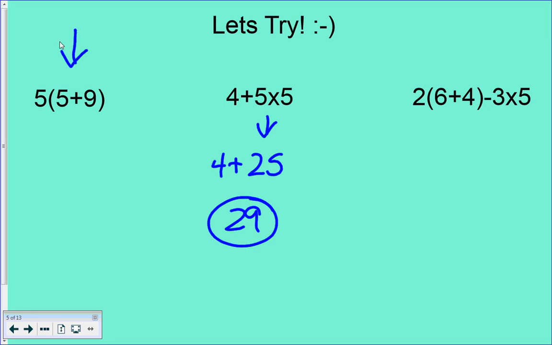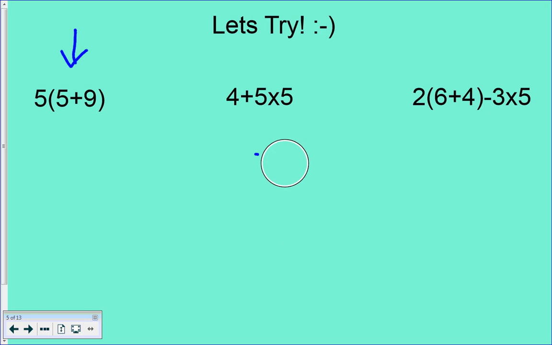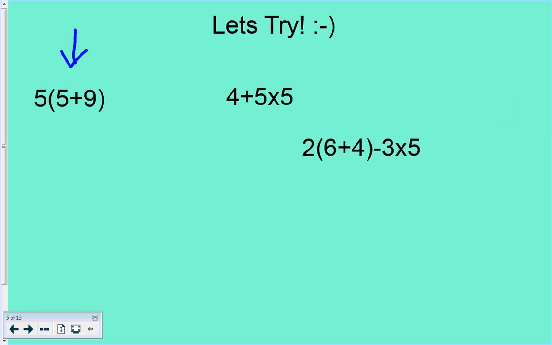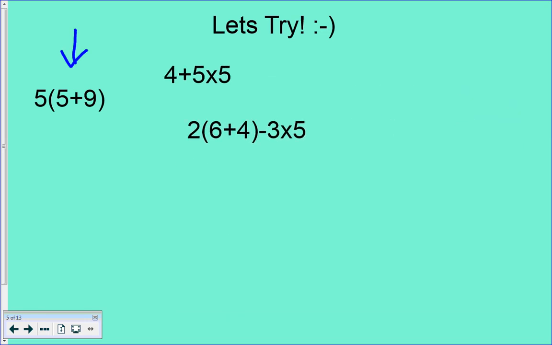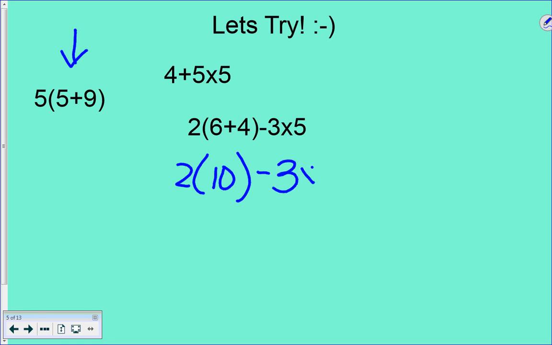Okay. Then we're going to do this one. I'm just going to bring this whole thing over here so we have some room. 2, parentheses 6 plus 4 minus 3 times 5. First thing I'm going to do, somebody I haven't heard from yet. John, 6 plus 4. So I'm going to rewrite everything for myself because, to me, I can see everything better when I do that.